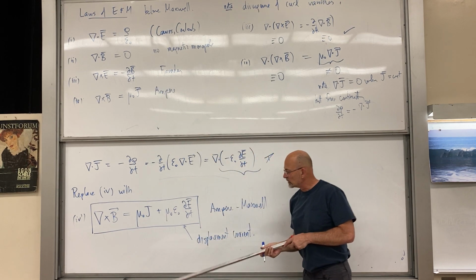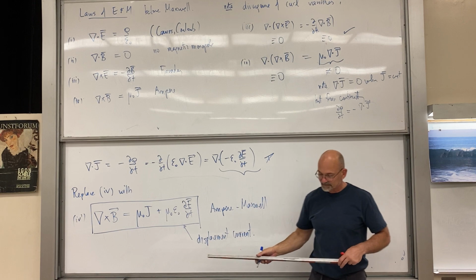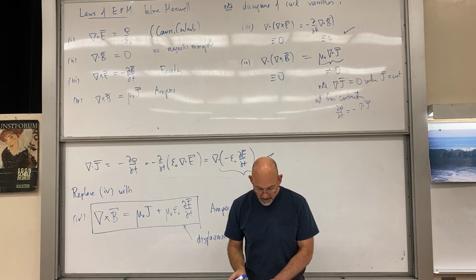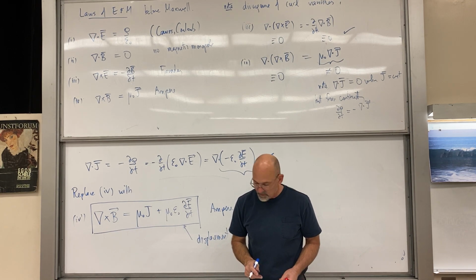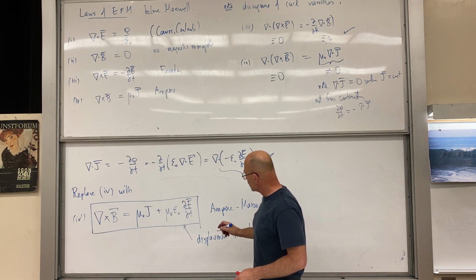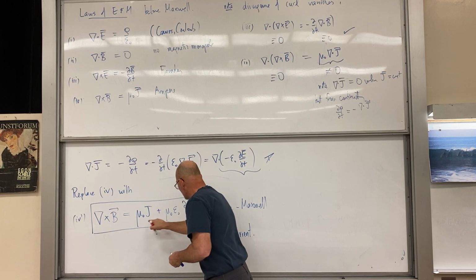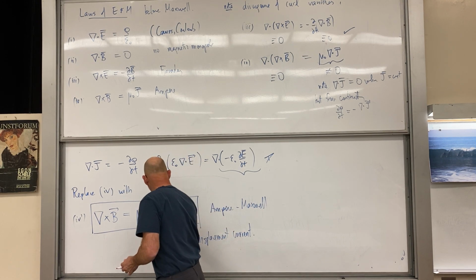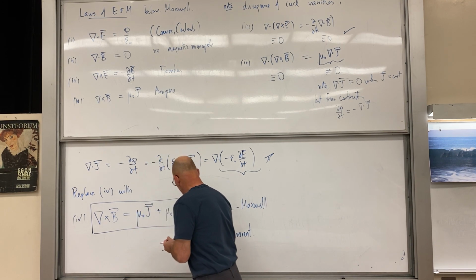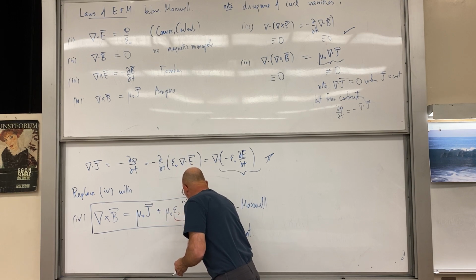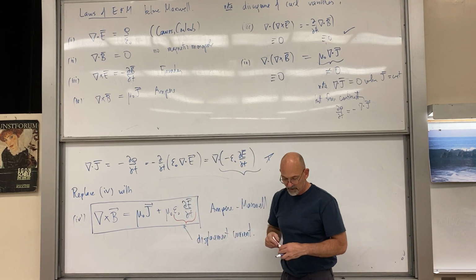So it really had to be there. The displacement current is this part here, because the mu naught is pulled out front. Current density, this is supposed to be a vector. And this here is the displacement current.